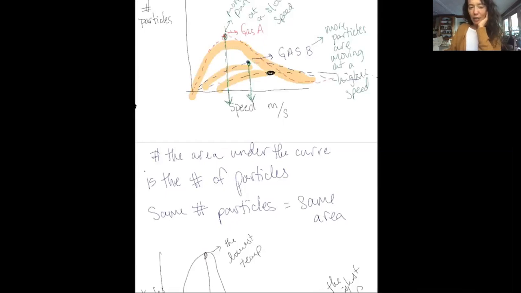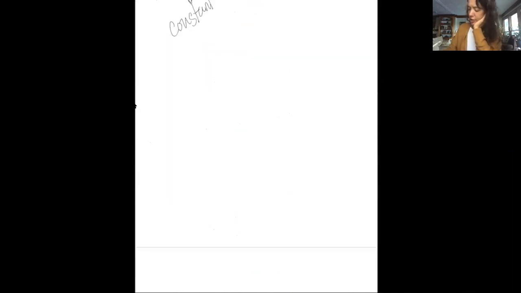Do you know that at 300 kelvins, which is a little bit warmer than room temperature, the average speed of a nitrogen molecule is 422 meters per second, which is equivalent to about 944 miles per hour.